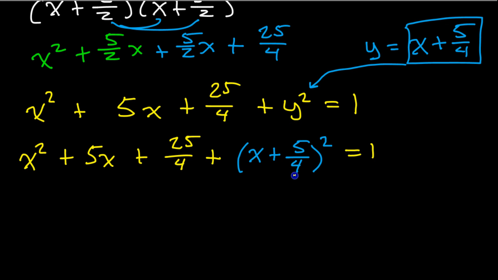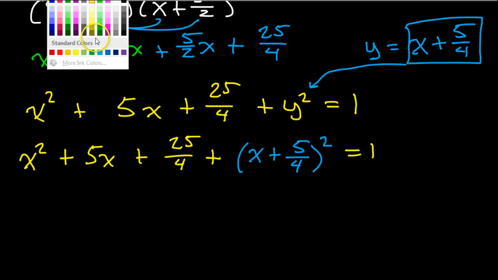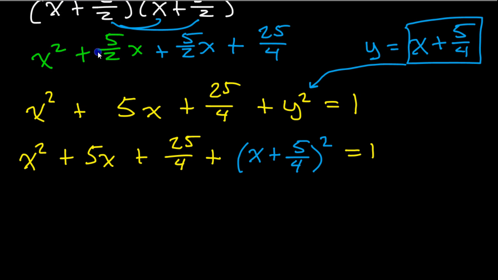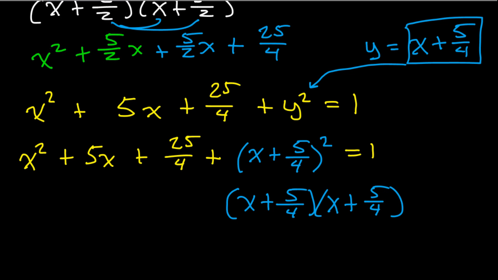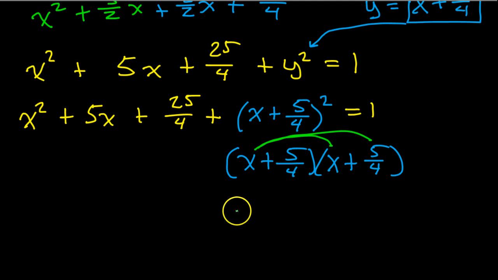Now, of course, I need to go ahead and square this, and so that's going to be like this. So I'm going to have x plus 5/4 times x plus 5/4. Alright, if I distribute the x, that's going to give me x squared plus 5/4 x.